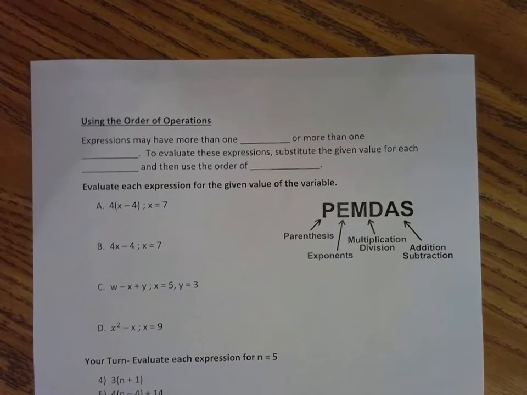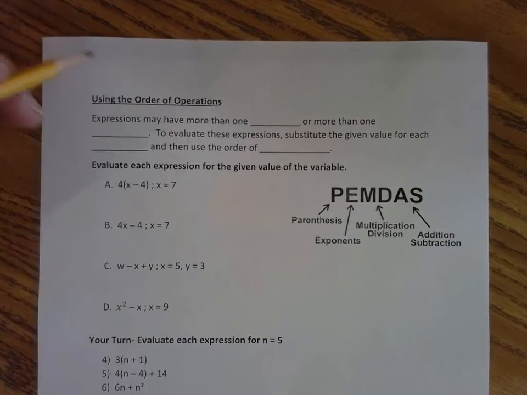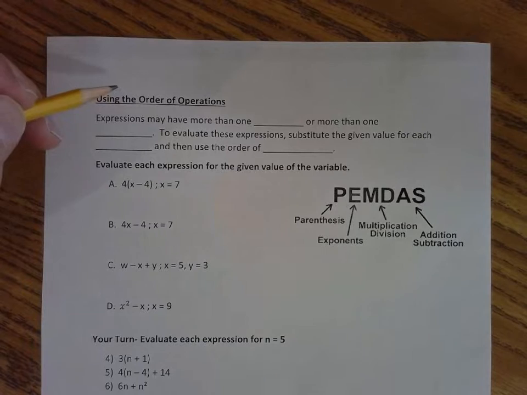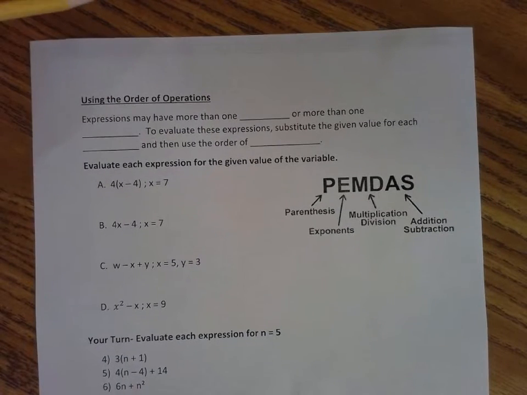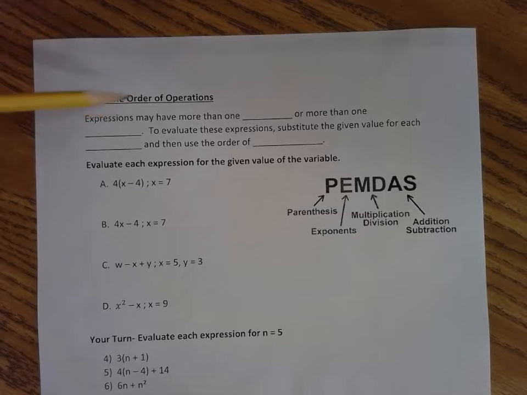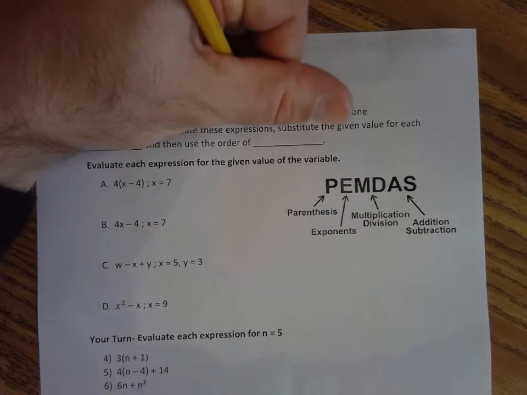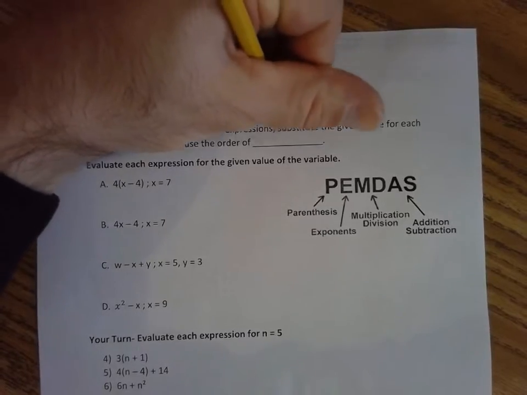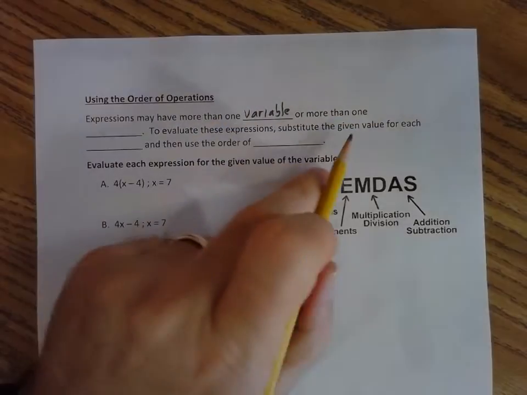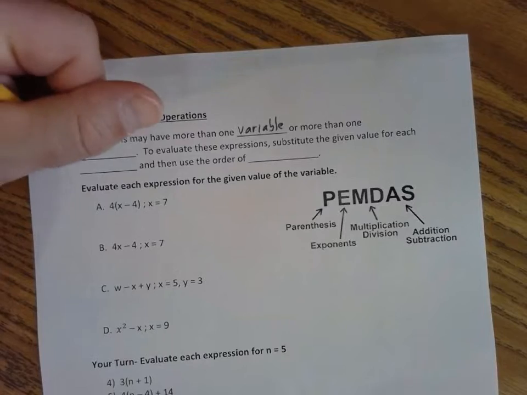All right. Now, we're on the back of the page here, getting through some more notes. Using the order of operations. Expressions may have more than one variable or more than one operation.